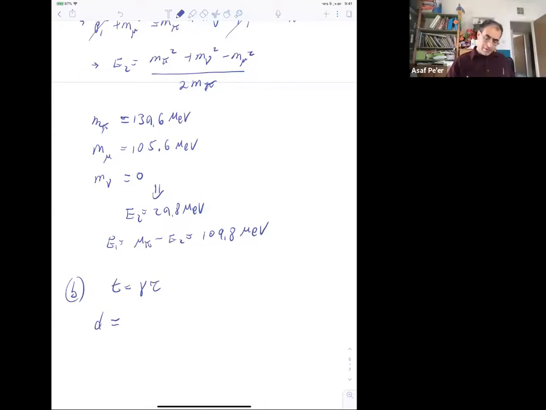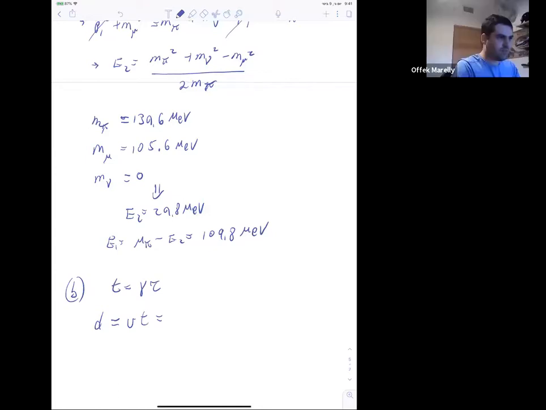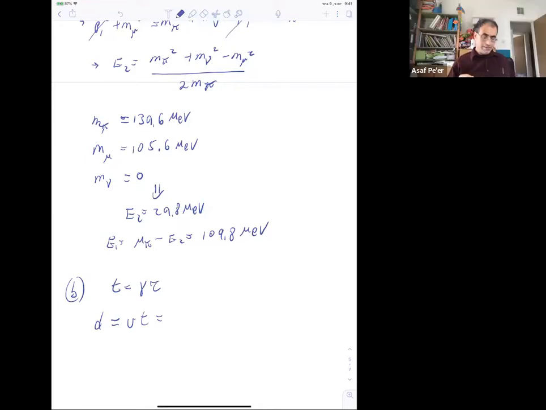It's velocity times time, that's always true. And how do you write the velocity? Divide the momentum by the mass. So I write it as beta C t, right? So overall, this is beta C gamma tau.